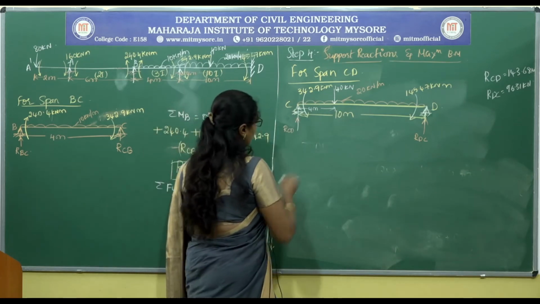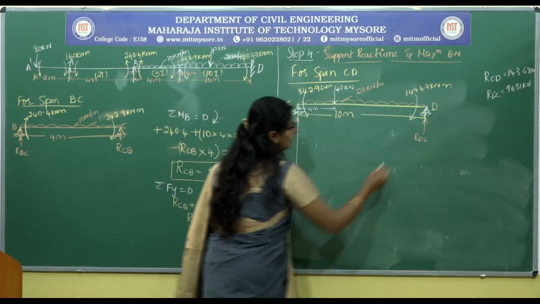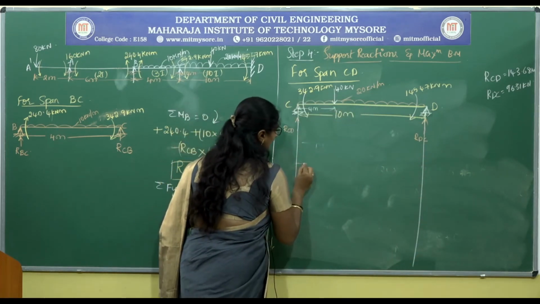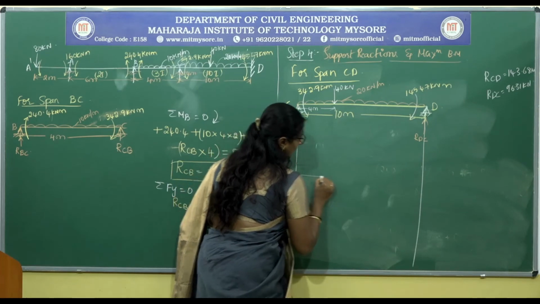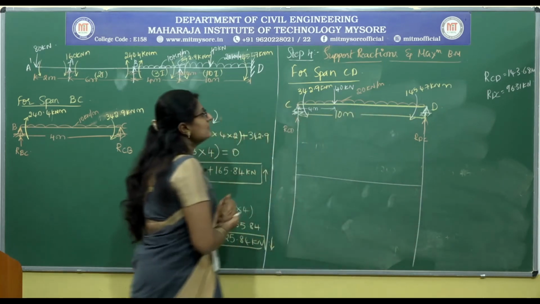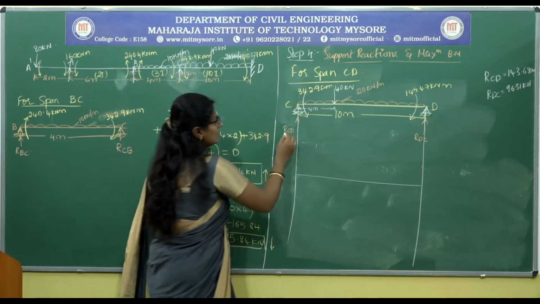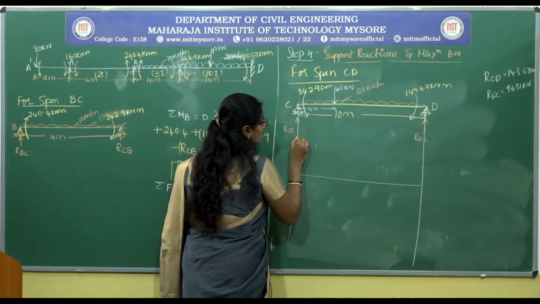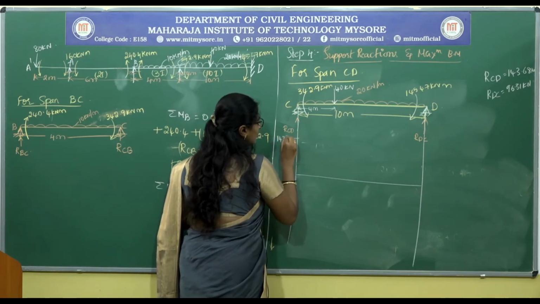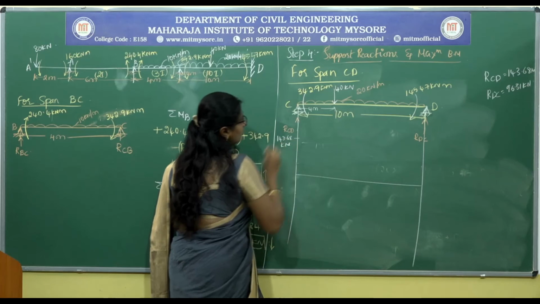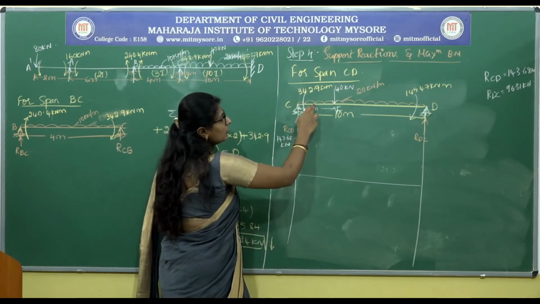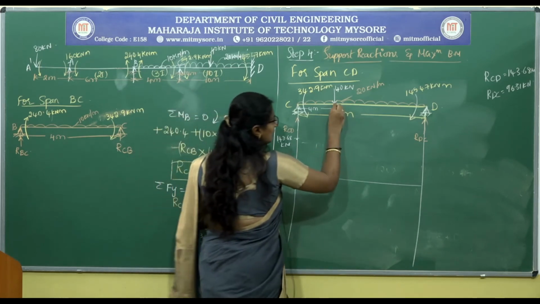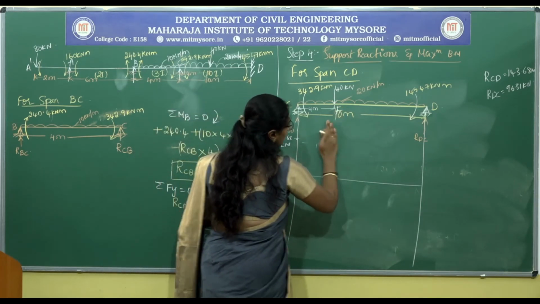Now to draw this, by knowing the reactions at C and D. So what is the reaction at C? RCD is given by 143.68, which is positive. So it will be somewhere here, kilonewton. 143.68 minus 20 into 4, that is 80, will give you 63.68. So that will be acting at this point.